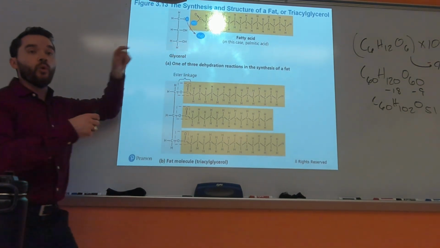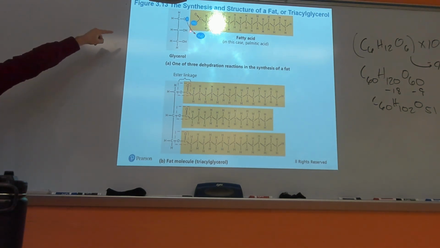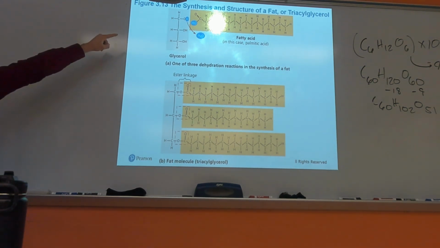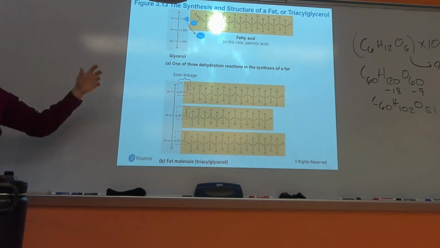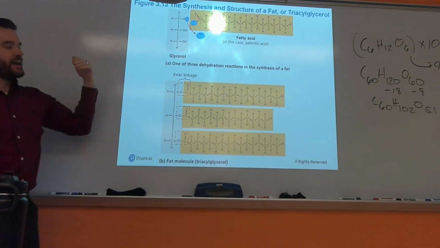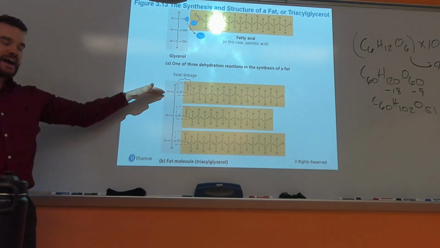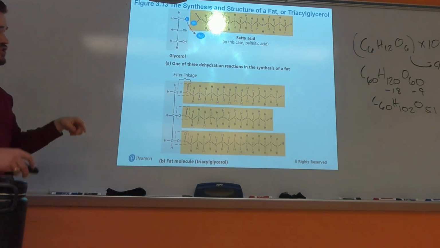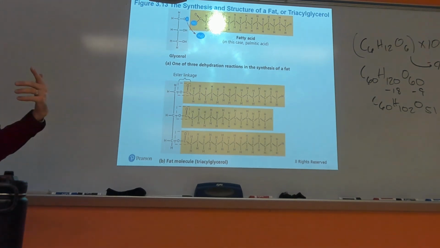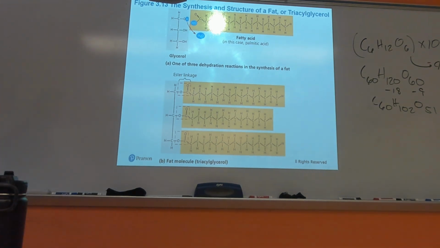You're removing a water from the two molecules that come together. What happens with your lipid here is you end up having these fatty acid tails that get attached to the glycerol skeleton. Typically you have 3 fatty acid tails that get attached. We call that a triacylglycerol. Tri meaning 3, and glycerol referring to that molecule there.